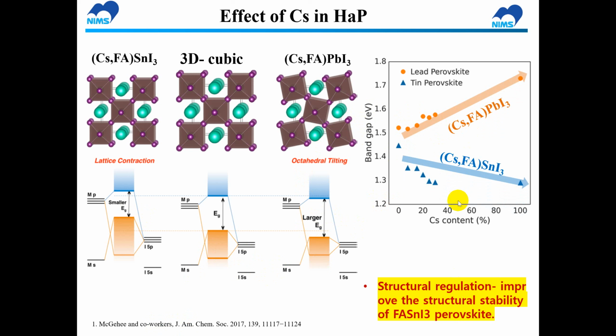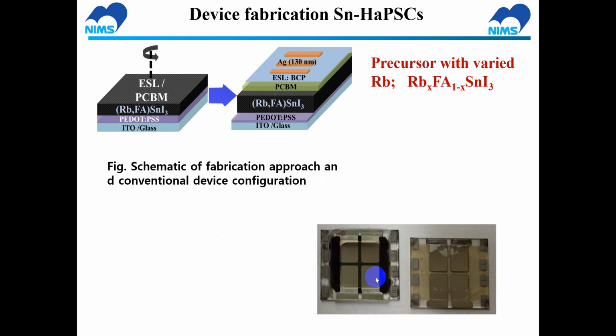And one good point is it has structural regulation with cesium additive, and for tin based perovskite, it has structural stability, which is good for stability of tin itself, from oxidation and from other aspects as well.